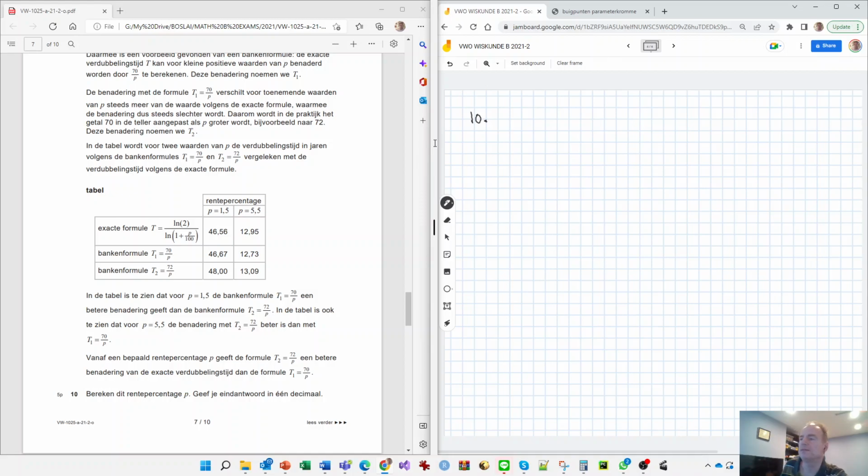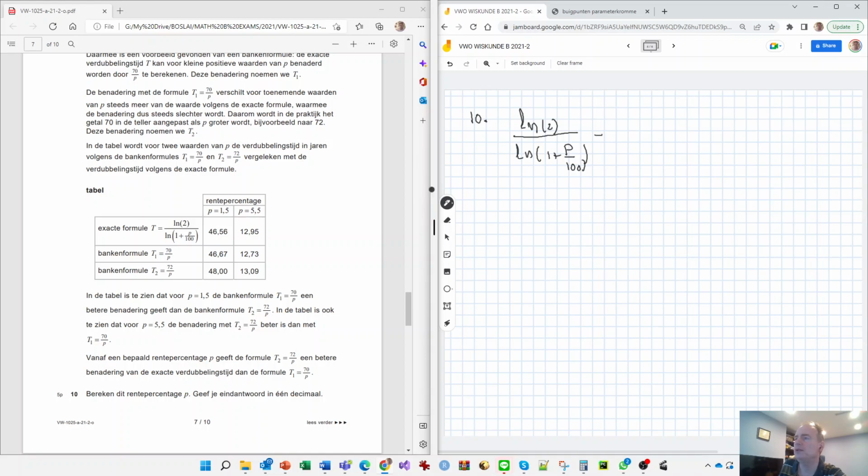So what will be the transition? That will be actually when they're both the same, if they're both as good. So if the difference between the exact and the approximation is the same. So we said log 2 divided by log 1 plus p divided by 100.